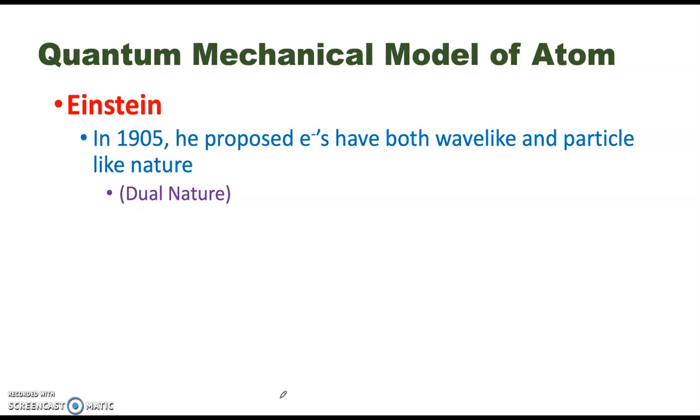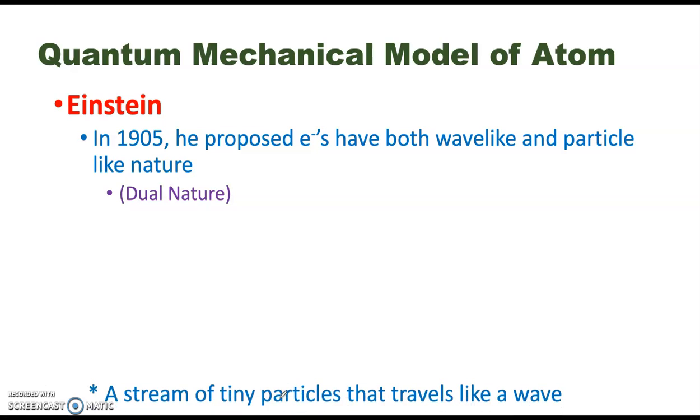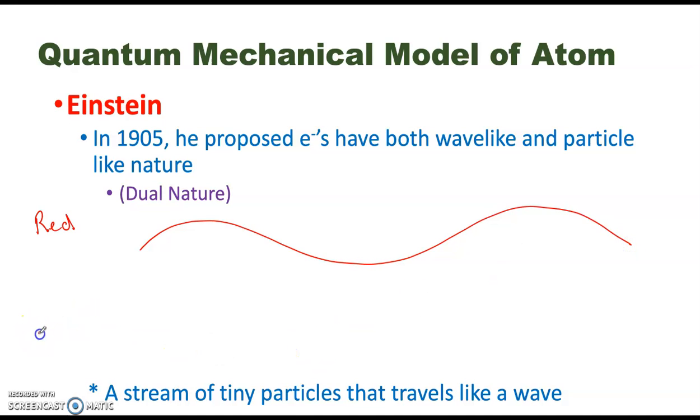So Einstein, in 1905, he proposed that electrons also behave like waves and particles. So we know that light behaves like waves and particles, and now Einstein says that electrons do too. So we're going to get back to that in a little bit, but what I want to draw here is say a beam of red light. Red light, remember, has a longer wavelength.